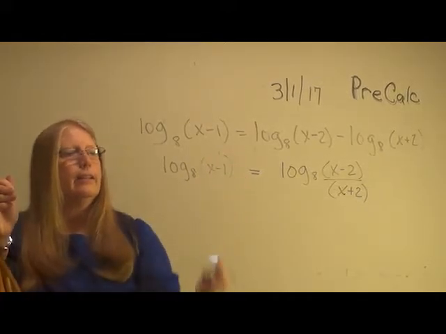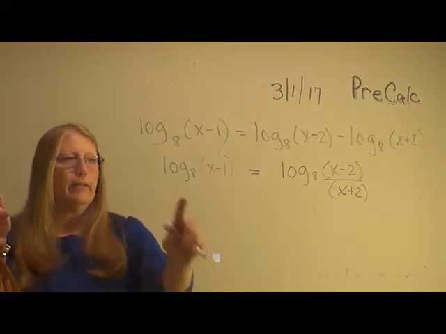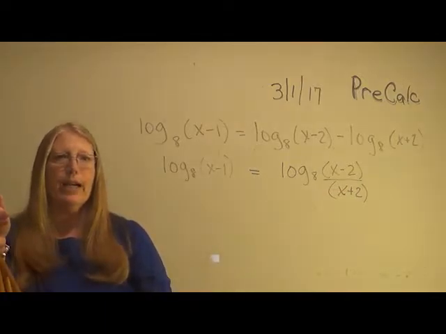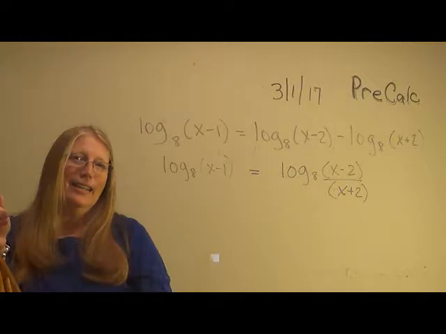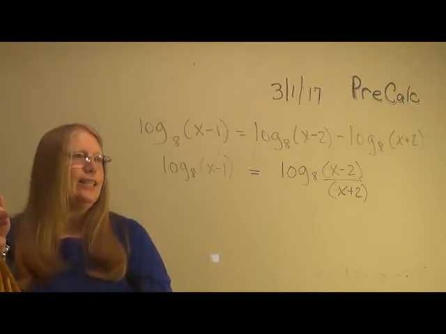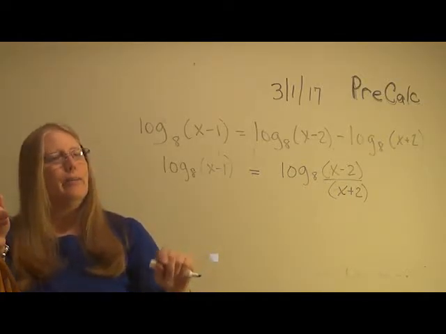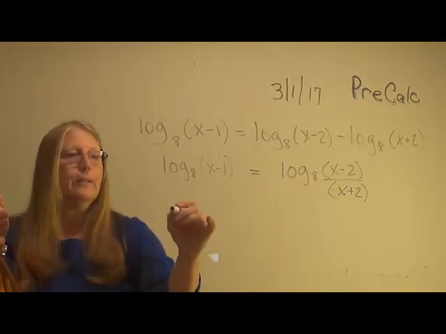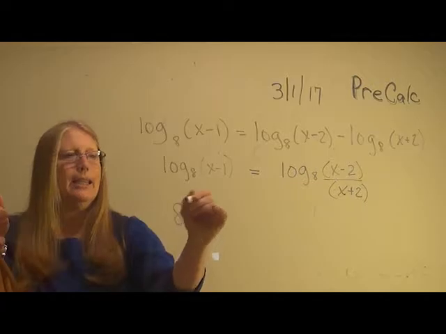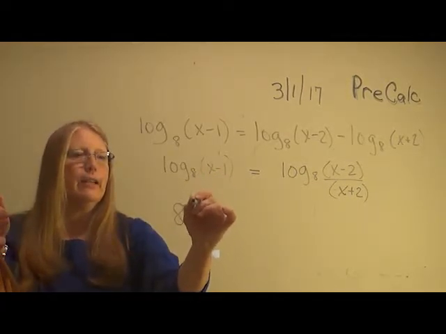And now I will remove the logs from both sides by exponentiating each side. So when's the last time you heard the word exponentiate? So I will take the base 8, because I see these are logs to the base 8. I will make these exponents of 8.